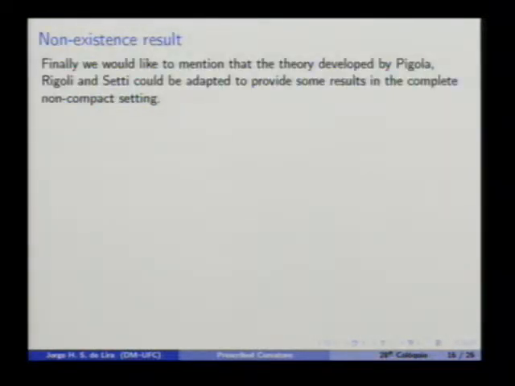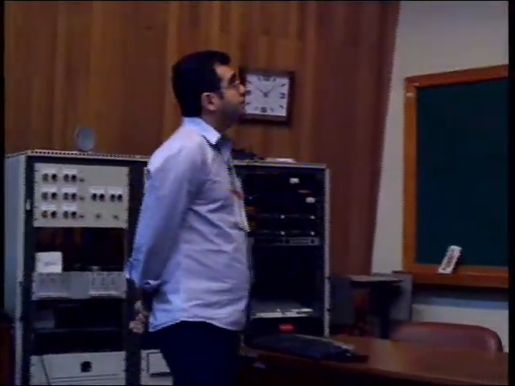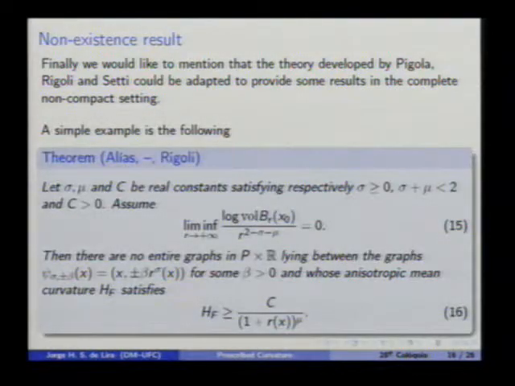Just to mention some non-existence result, which gives the idea that these techniques concerned with the Omori-Yau maximum principle and the weak versions of it could be applied also in this context. You also obtain this result in collaboration with Luis Alías and Marco Rigoli.